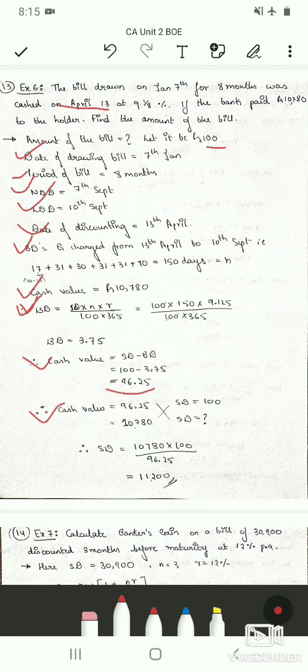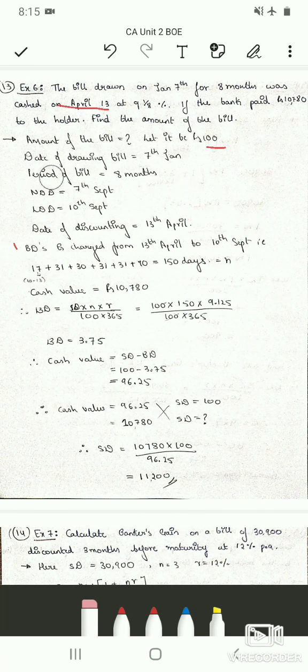So when cash value is 96.25, sum due was 100. What will be the sum due when it is 10,780 as cash value? So cross multiply. Sum due is 11,200 rupees. So if you take x to be as the sum due and simplify like the previous problem, again you will get sum due as 11,200.